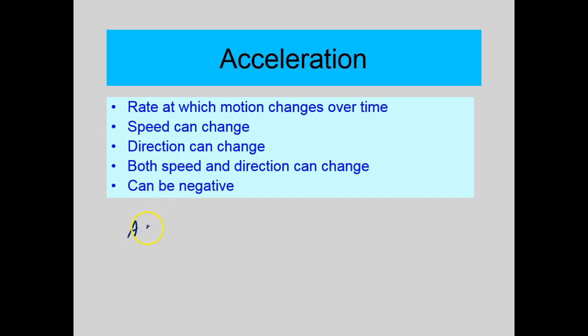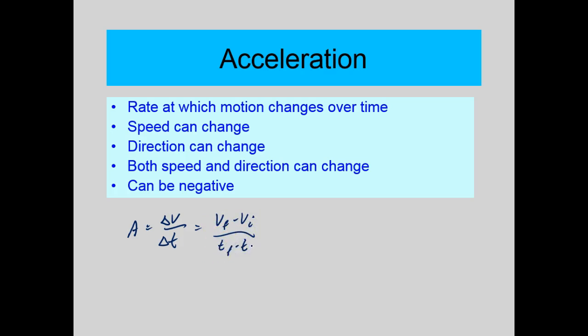So acceleration is equal to change in velocity over time. Now again, as I told you before, I like to use a delta, meaning a change of velocity over change of time. The book doesn't use that, so I don't insist that you use it, but that means a difference in velocity, and it's always V final minus V initial, over T final minus T initial.